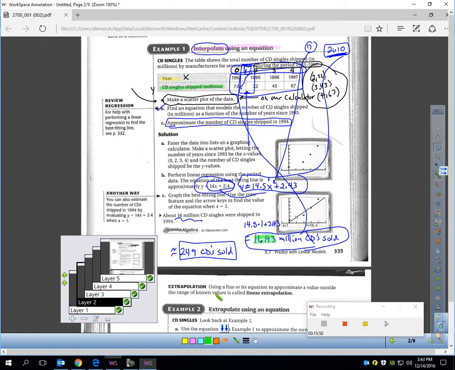But my 2010 prediction is way outside the rest of the data. I can't, with a T, I can't be as certain about the number 249 million. I should have wrote million in there. Million CDs sold, because that's so far in the future. It's 17 years in the future. I can't be as guaranteed of the accuracy of that number. That's what I just highlighted is showing you.